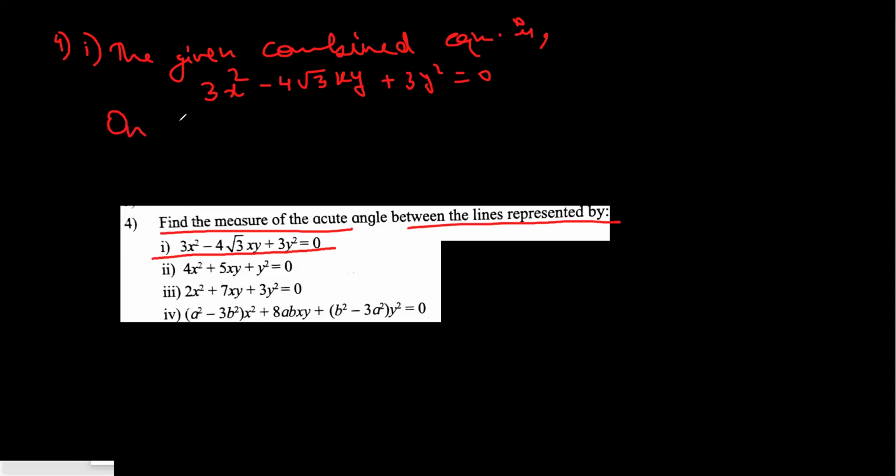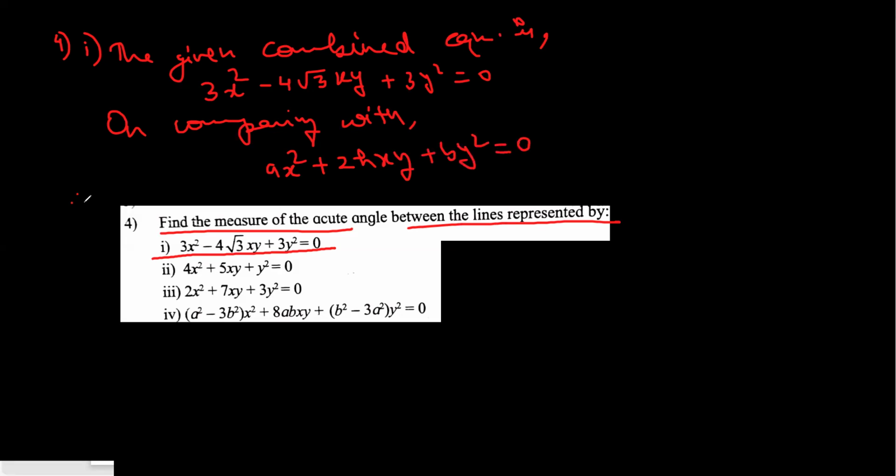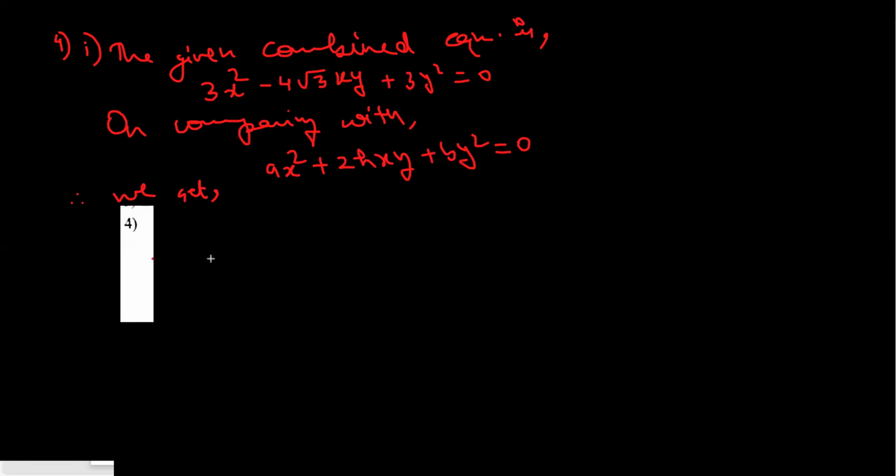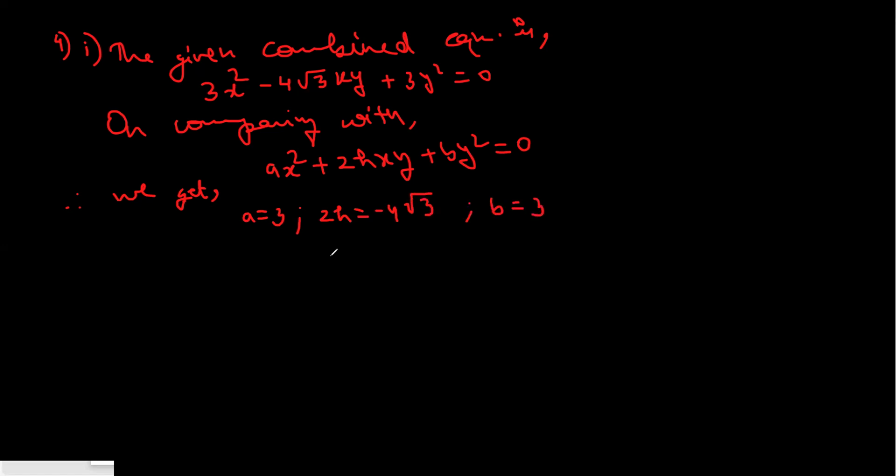On comparing with ax square plus 2hxy plus by square equal to 0, therefore we get a is 3, 2h is equal to minus 4 root 3, b is equal to 3.